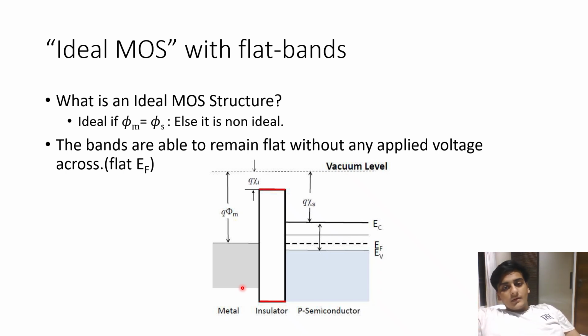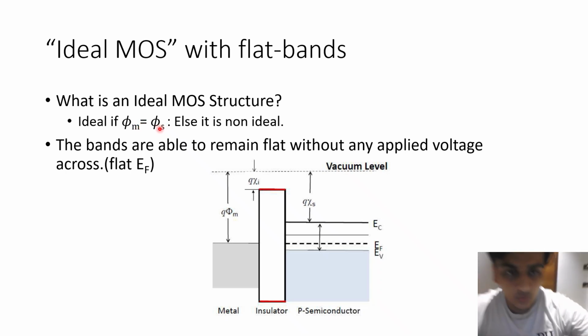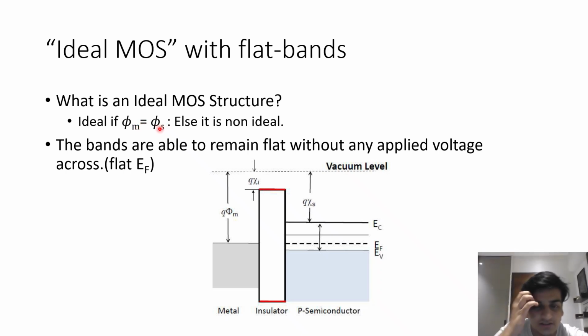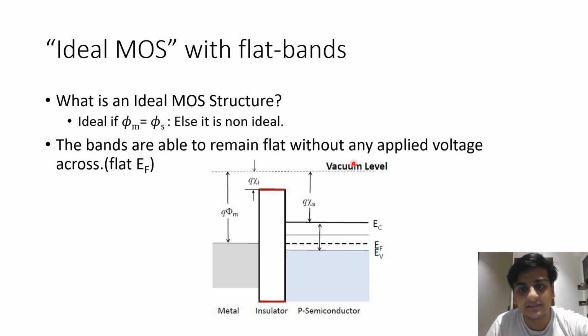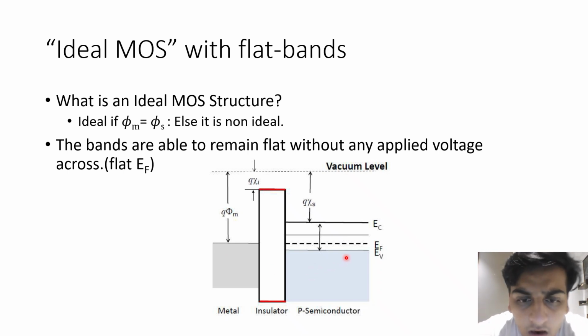Now, as you can clearly see in this diagram, since phi m and phi s are equal to each other, which means the work functions are equal, the vacuum level is at equal distance from the Fermi level, both for the metal as well as for the semiconductor. That means that our Fermi level throughout the device is flat, which means it's the same at the metal as it is at the semiconductor.